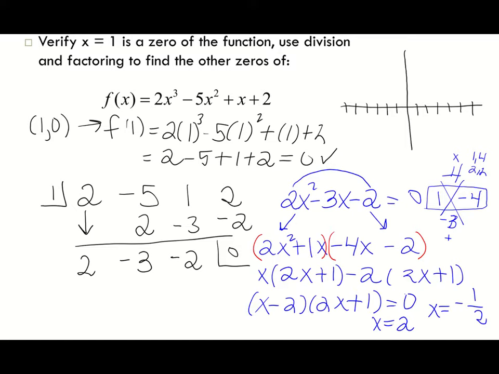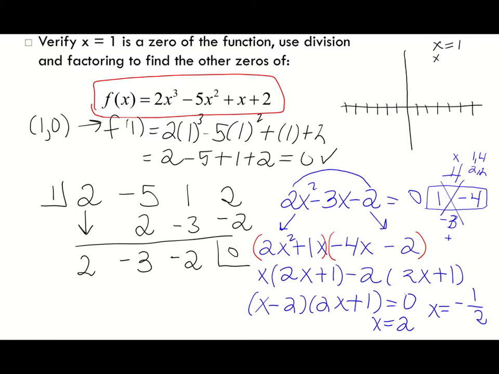So if I want to now go ahead and graph this, since I found my other zeros are 2 and negative 1/2. My function here is degree 3, so I know I should have 3 zeros. I started with one of them, which was x equals 1.